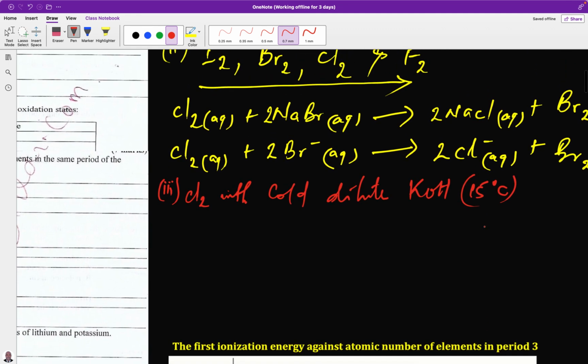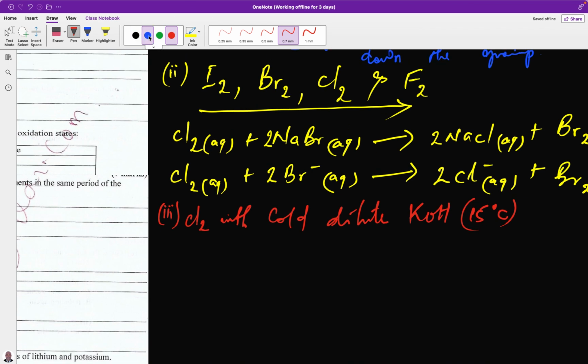In this reaction, what we are going to observe is, in aqueous condition, it is going to give us a salt.